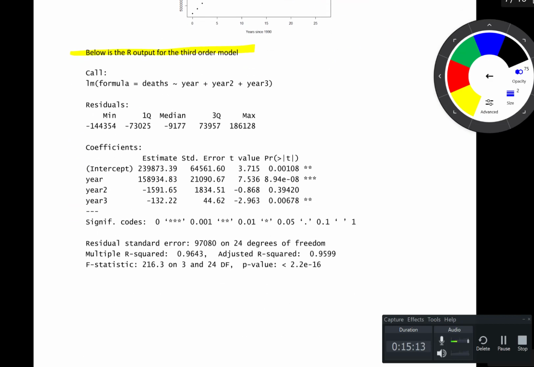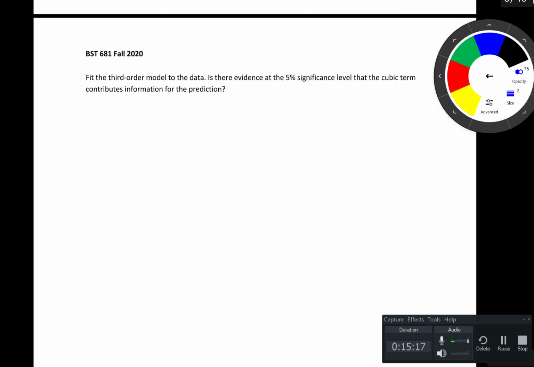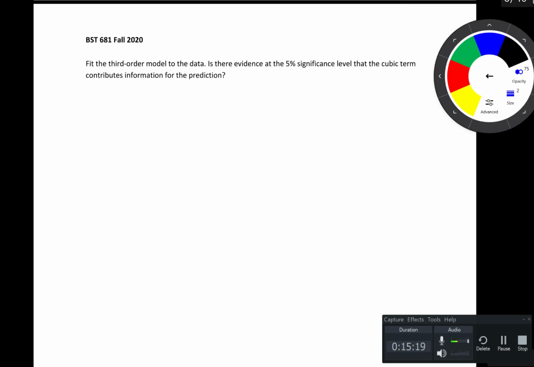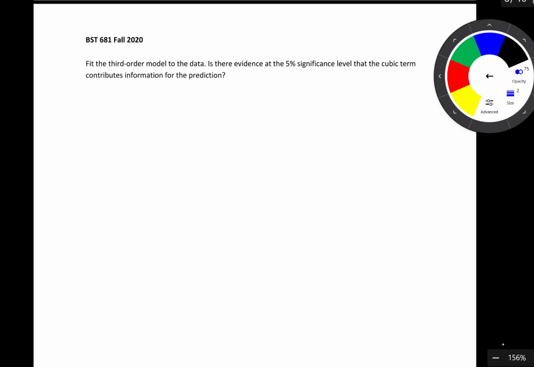So here is our output. Let's look at this third order model and see if there's evidence that the cubic term contributes information for the prediction. Just like before, we would need to check our assumptions, and for right now, we are going to assume that those are met.